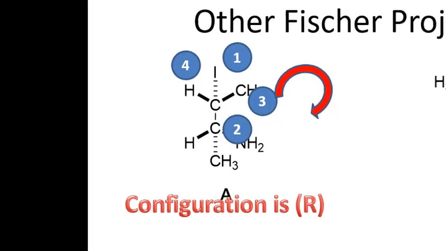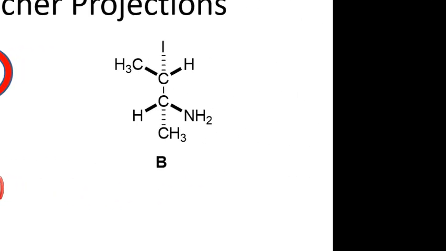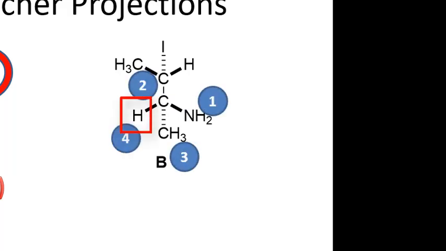All right, let's look at the bottom stereo center here. And again, you're applying the same principle to this as you would to a 2D Fischer projection. So your hydrogen is horizontal again here. The groups are prioritized like such. Nitrogen is 1. The carbon on the top stereo center is 2. And then the methyl group is 3.